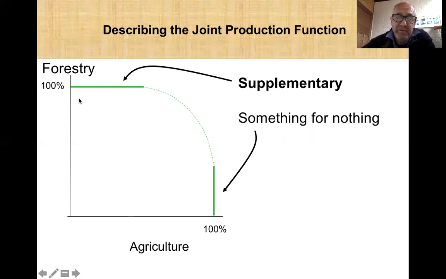Well, I alluded to tourism as a possibility there. This could be a scenario where you're producing timber or seed or other products from a forest, but then you have recreation values as well. And up to a point, the recreation values do not mean that you have to compromise the forestry in some way. So you can have supplementary or niche opportunities.